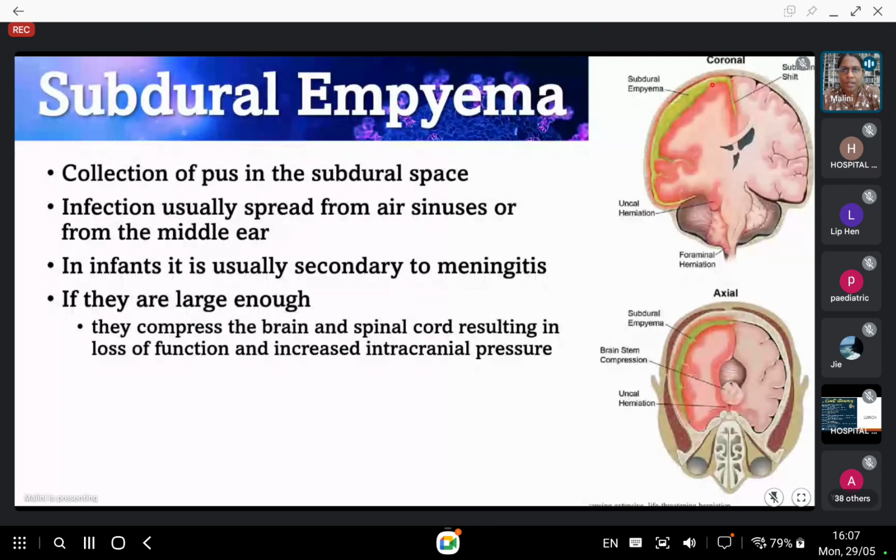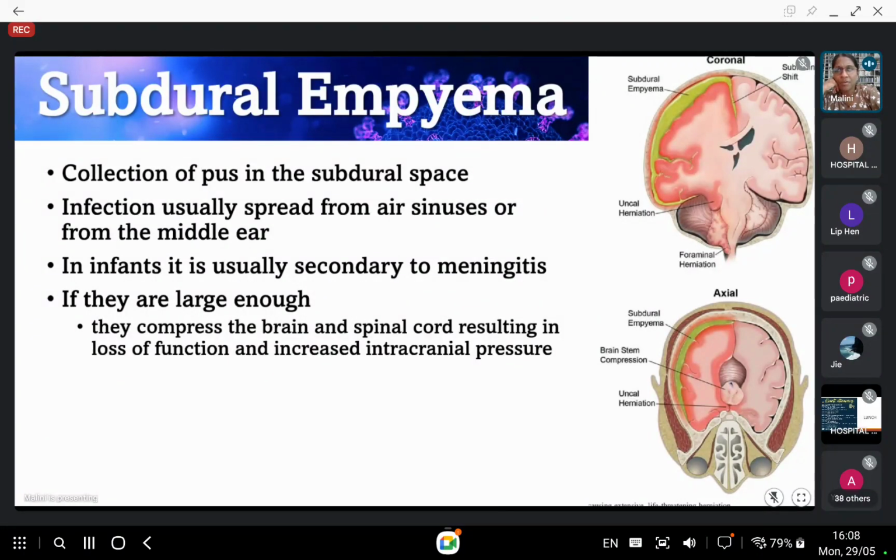Subdural empyema is a collection of pus in the subdural space, and it's seen more commonly in infants secondary to meningitis. We do tend to do a lot of ultrasound cranium to diagnose, but a lot of times we have missed subdural empyemas in infants just by doing ultrasound.